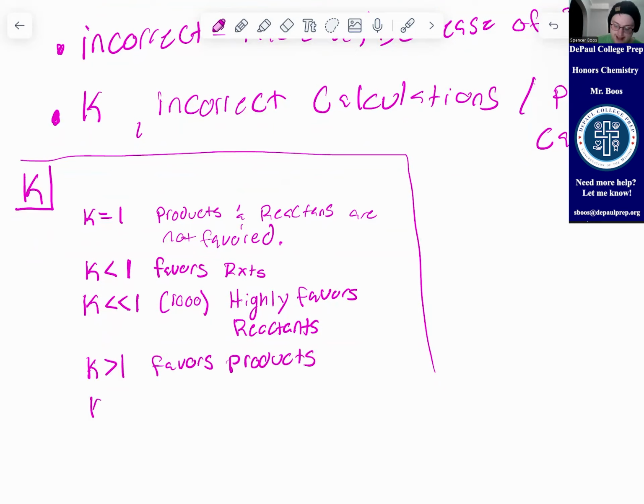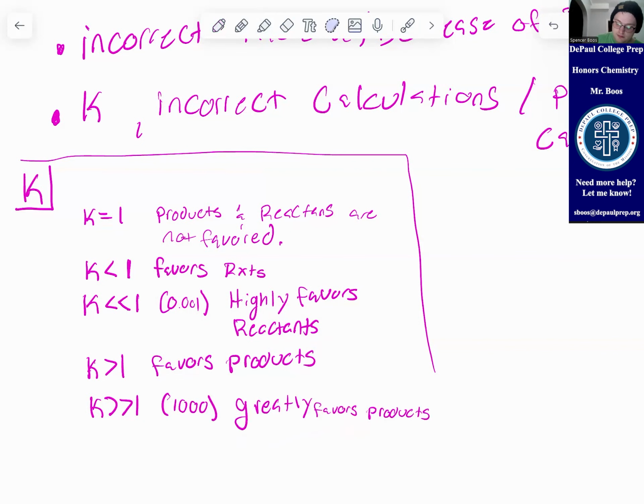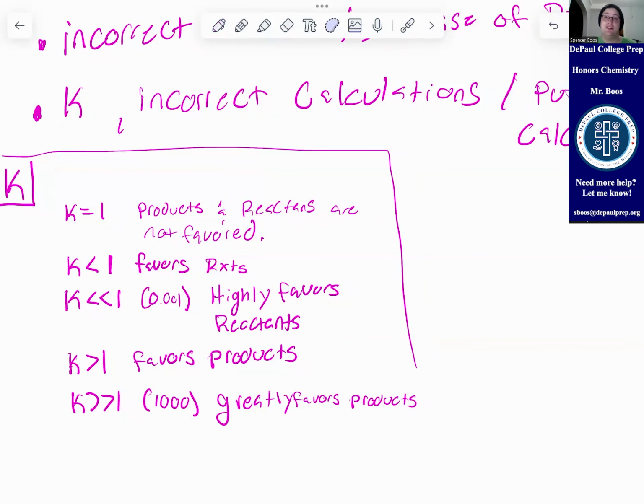And if K is much greater than 1, let's fix this because that was incorrect. Quick correction: 0.001 is much less than 1, while much greater is 1,000. Apologies for that. It greatly favors the products. So keep those in mind. It is a very good thing to have in your back pocket. It may also be good to put on your periodic table as soon as you get it.